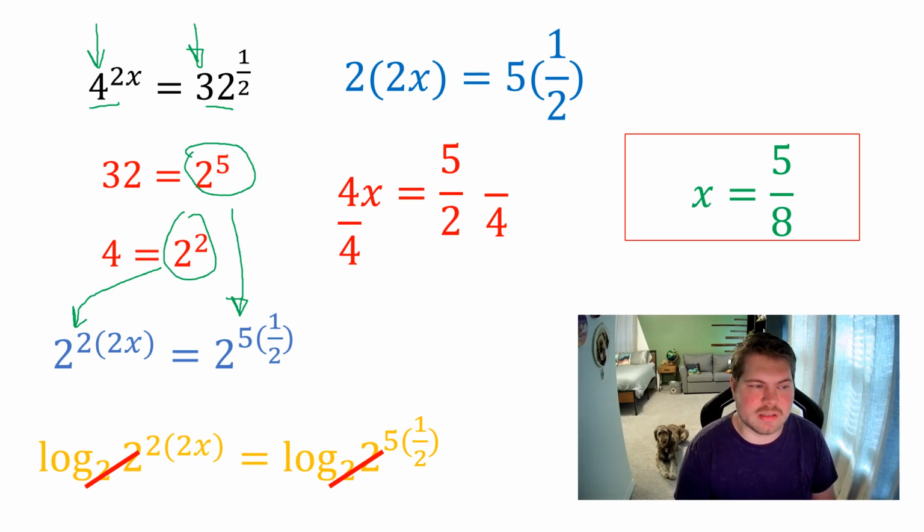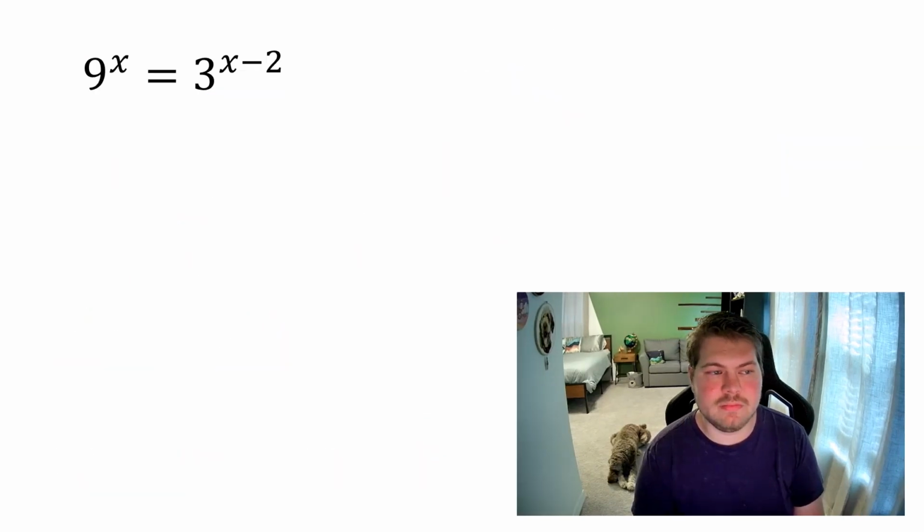I think the hardest part is just trying to figure out what base to make them both. And once you get that, it's super easy. In fact, the next one is going to be even easier. So again, we want to figure out how do we make this the same base.